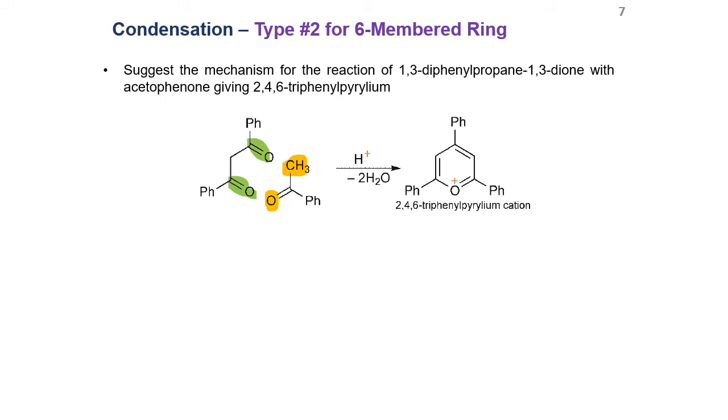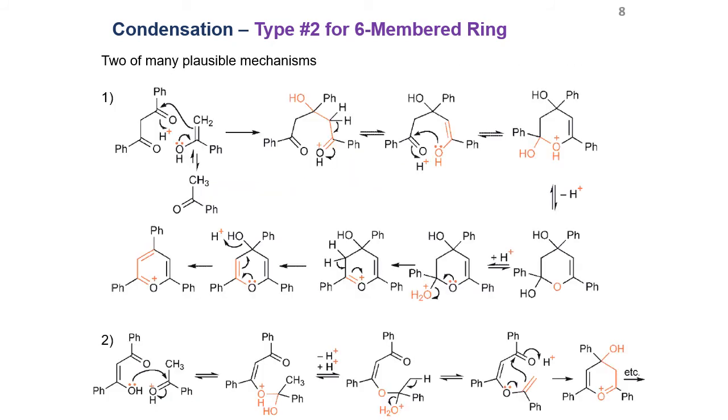But when you draw mechanisms, there are many possibilities to connect the nucleophile here to this electrophile, and this nucleophile to this electrophile. If you look at some possibilities, the first way is to tautomerize this ketone into the enol form, so that this carbon becomes nucleophilic. So you can use this carbon to attack the carbonyl group to form the new C-C bond.